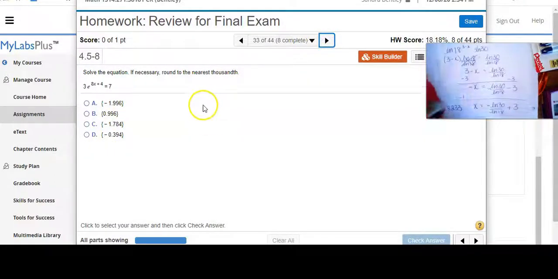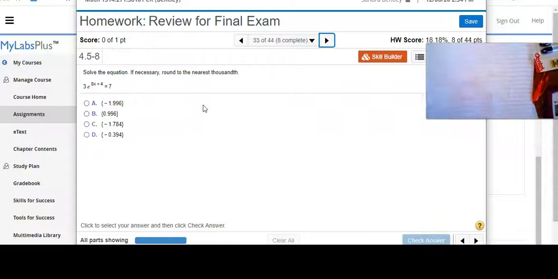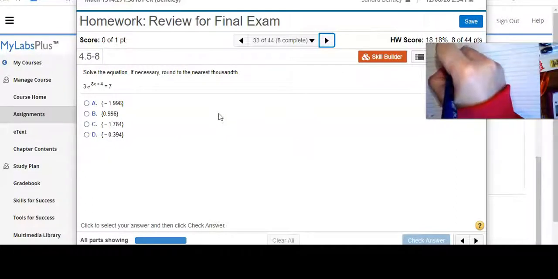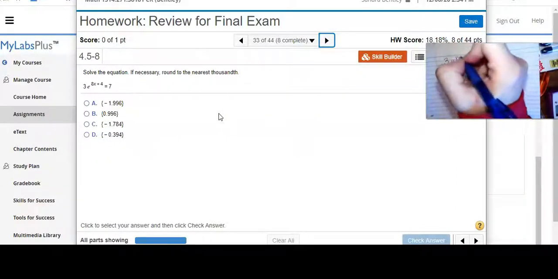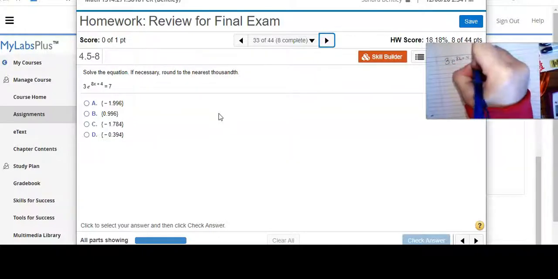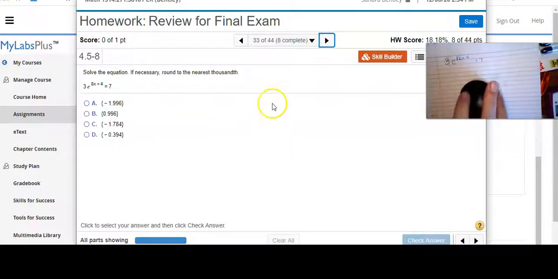All right, so let's do it again. These are all called exponential equations. What I have here is 3 times e, which remember is a number, to the 8x plus 4 is 7.